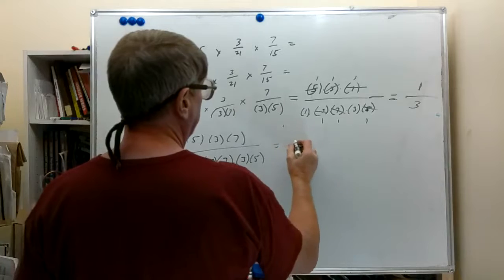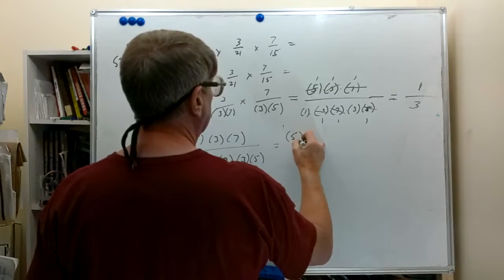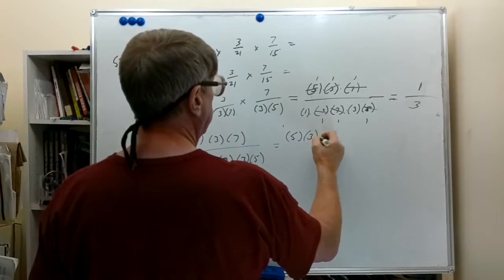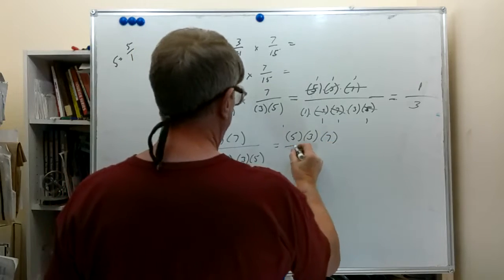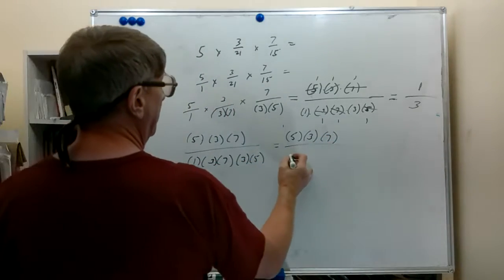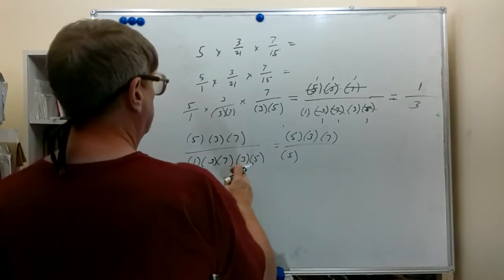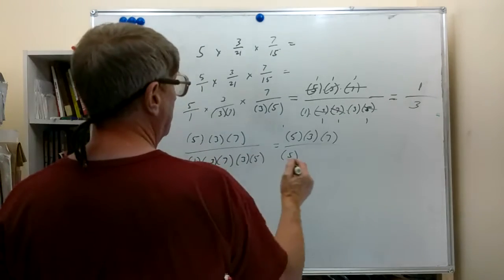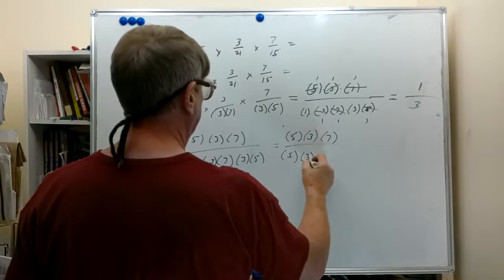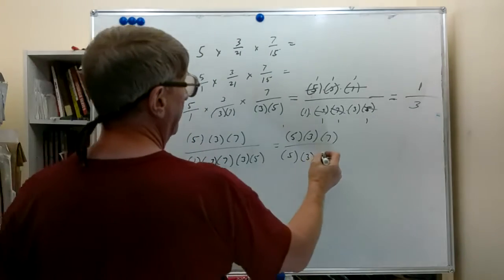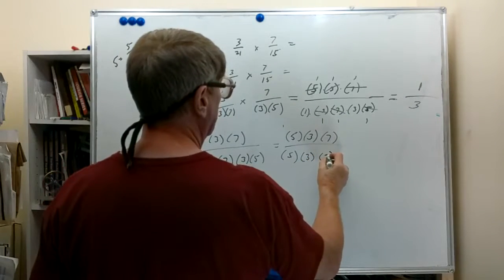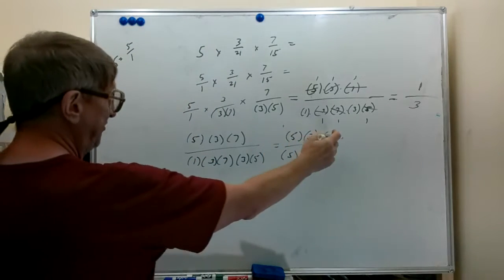So let's see what we got here. Let's leave the top as it is: 5, 3, 7. But let's change the order of the bottom. Let's move this 5 up front, and let's move one of the 3s up there, it doesn't matter which one. Let's move the 7 up further to match the order.